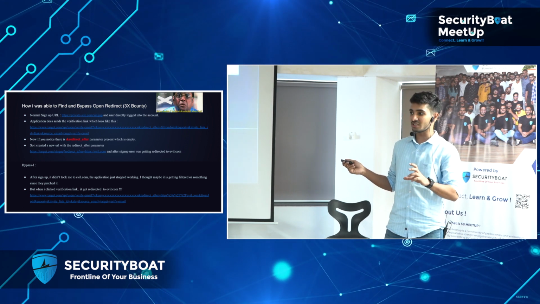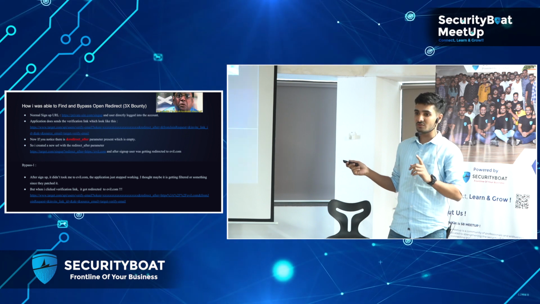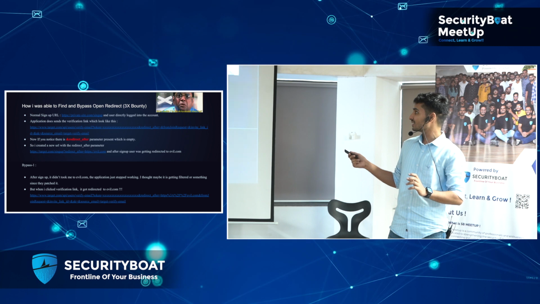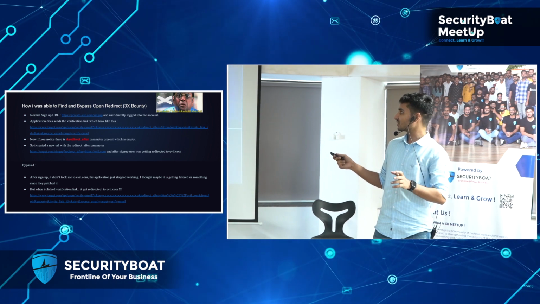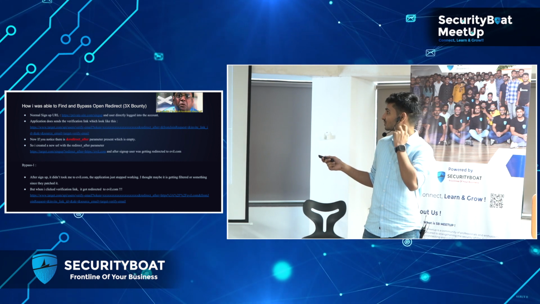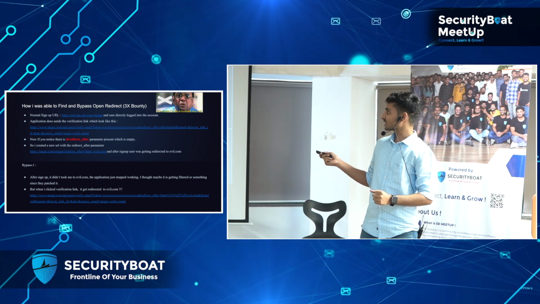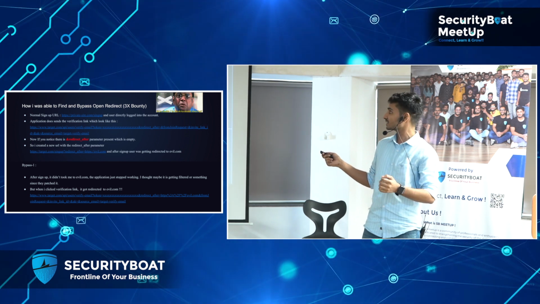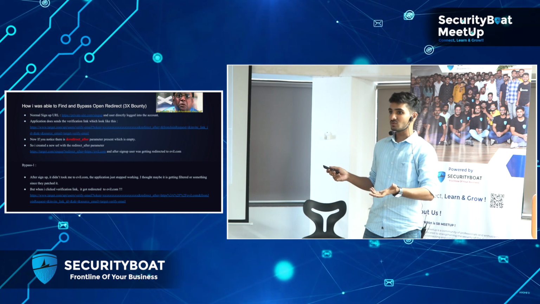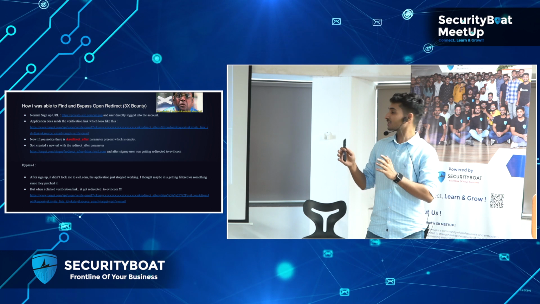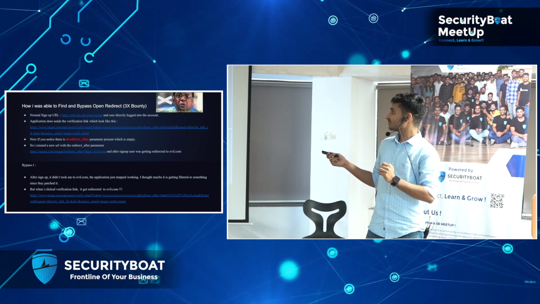The application had a simple sign up page and only one domain in scope, and it was heavily tested; they had already given 40,000 plus in bounties. There was a normal sign up feature, and the user was able to log in directly without any email verification. The user was able to access the application, and they were also getting an email verification link in the backend.